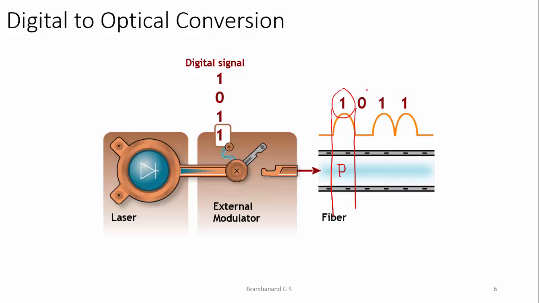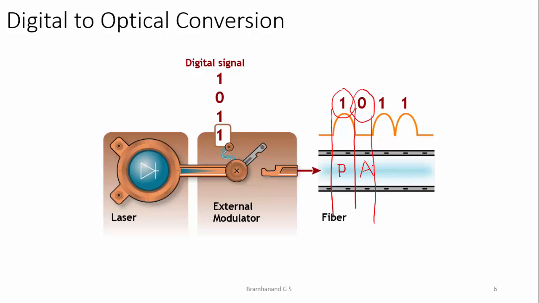Similarly, when I need to transmit 0, then the laser device goes off. It means that light is absent. And similarly, when digital 1 is received, it transmits the laser.